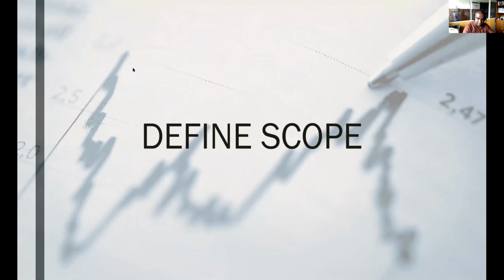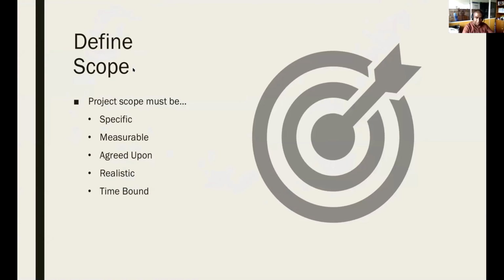So after collecting requirements, we need to define the scope. Scope should be specific. When you tell the contractor, when you tell the people that you work with, you have to be very specific and it should be measurable by the end of the project. Now think of this with your final year project that you all know. It should be agreed upon. The supervisor should be happy, the panel should be happy, and it should be realistic and it should be time bound.